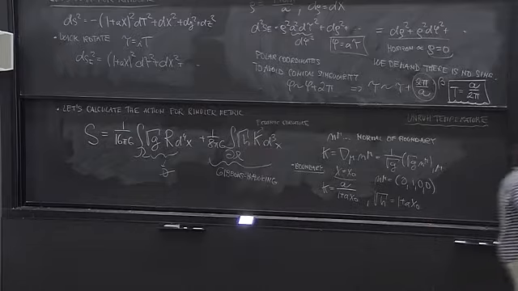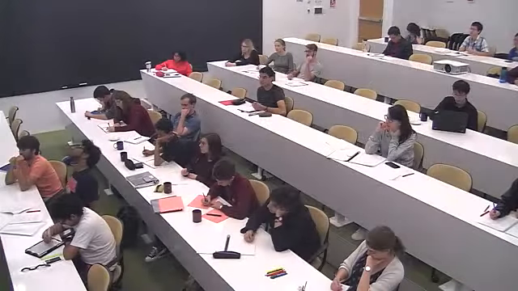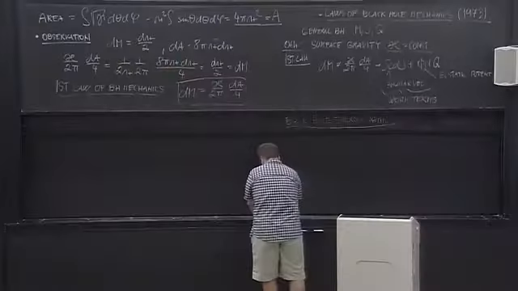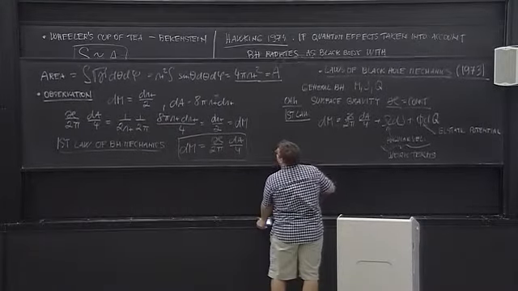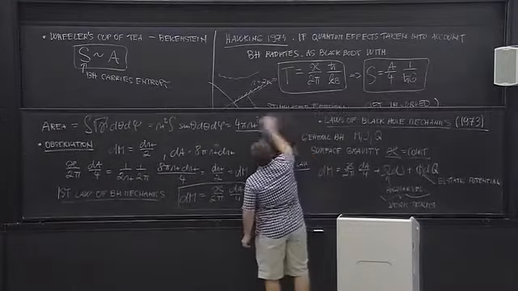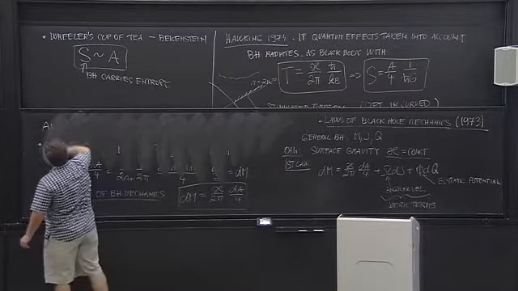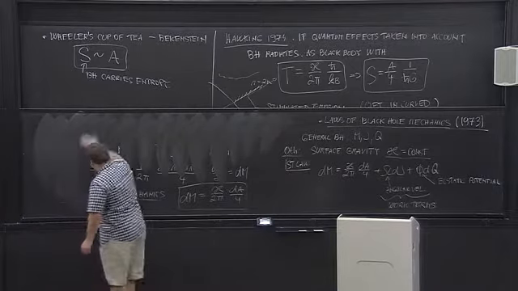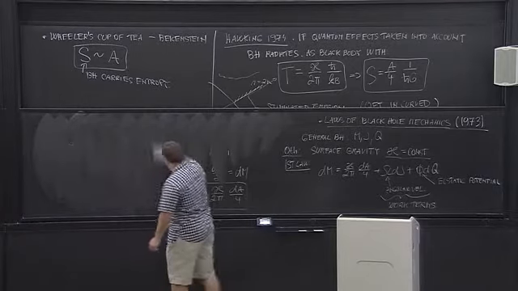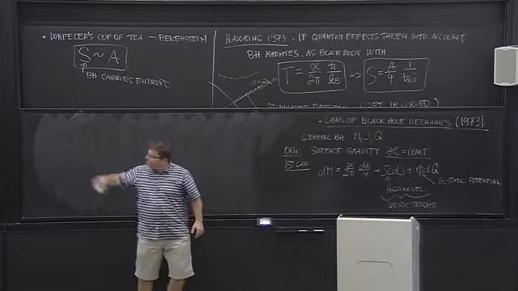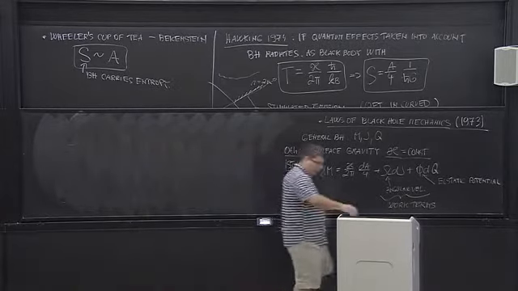And so what you get is that your S, and I may have a wrong sign here, but that doesn't matter. So maybe it's actually minus 1 over 8 pi g. I'll have to check that.